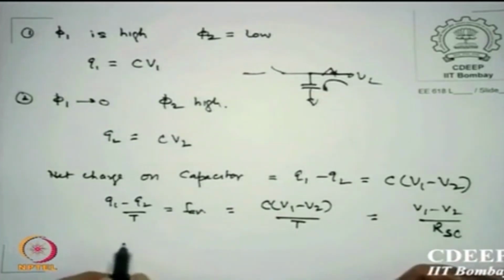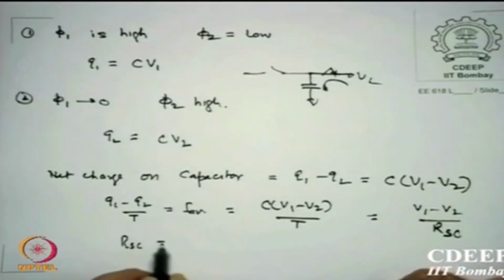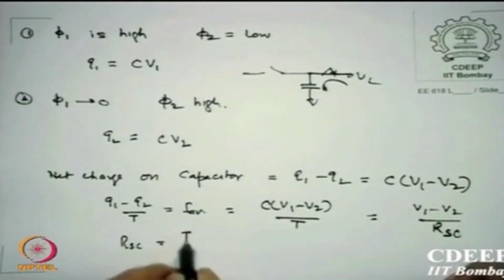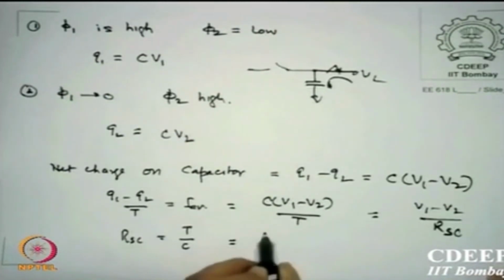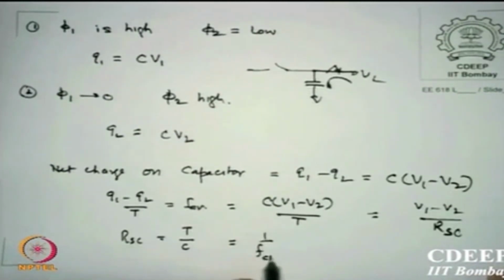So if I equate this, the equivalent resistance is T by C, or equal to 1 upon C times F clock. So if I know my two-phase clock and its frequency, I can create a resistance of 1 upon C Fc equivalently. Is that correct?